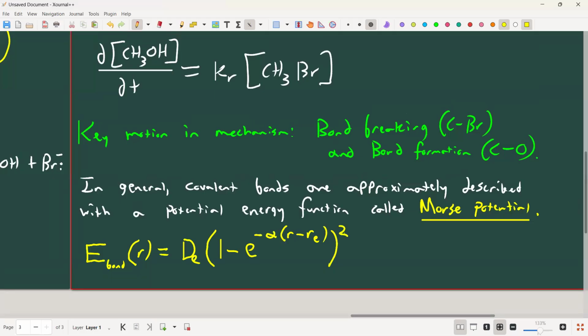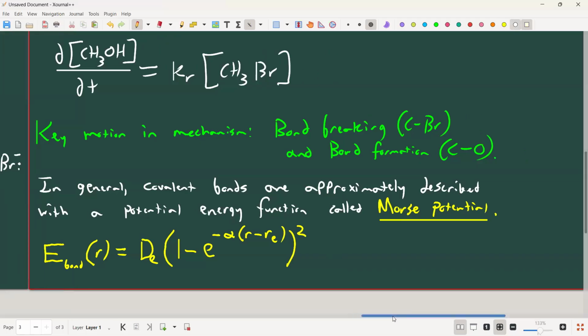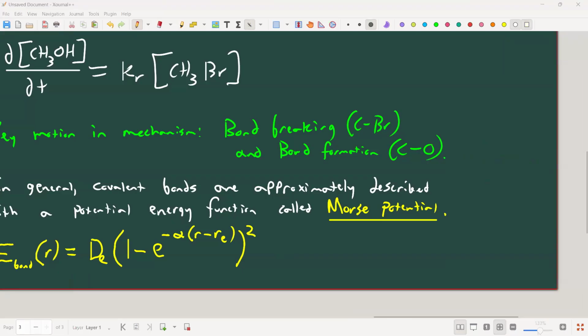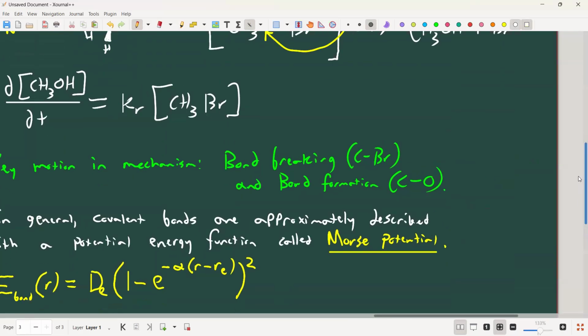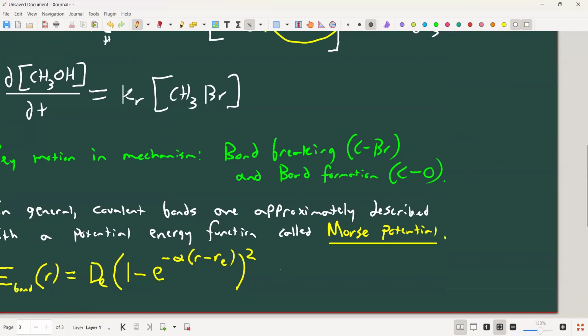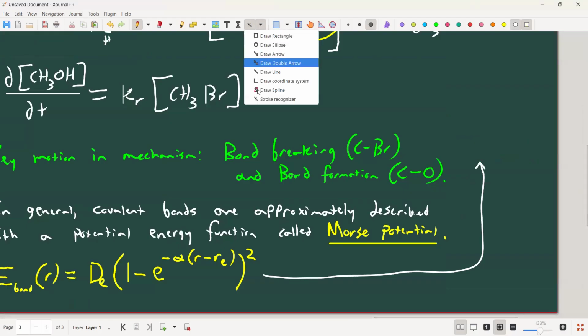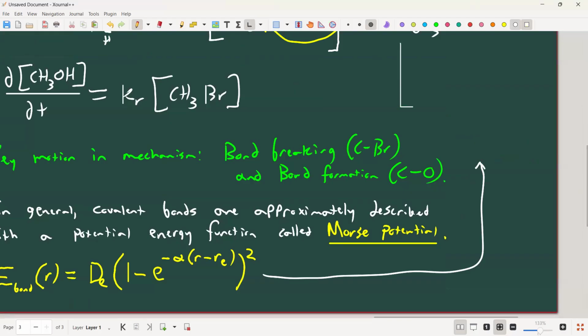Kind of a funny looking formula, but it has a really beautiful plot. I'll plot this up here. So this function goes negative.